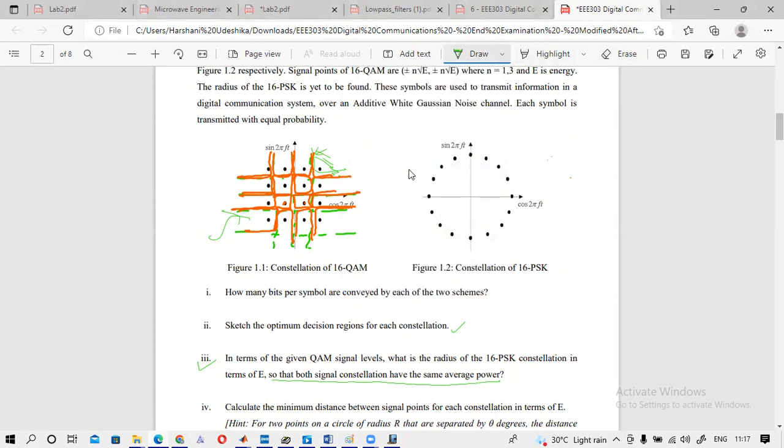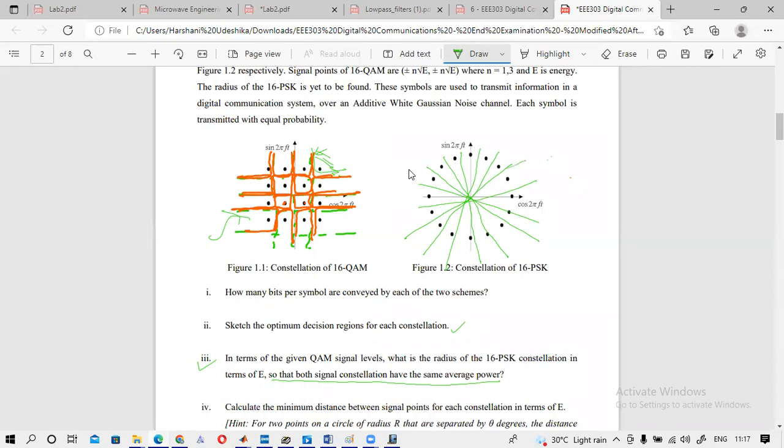Like this, you have to draw this kind of straight line only.